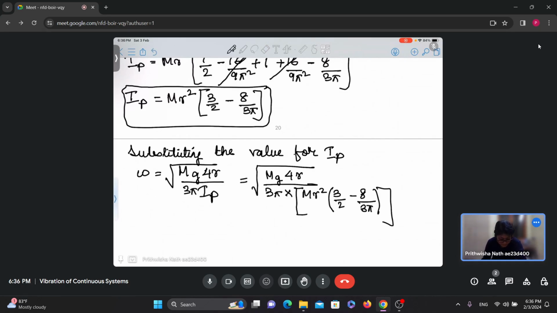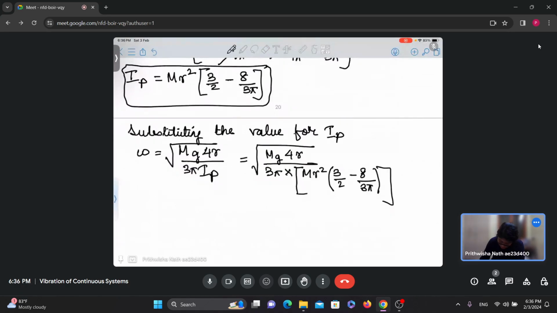So what is the final equation? This becomes 6 pi, 9 pi minus 16.